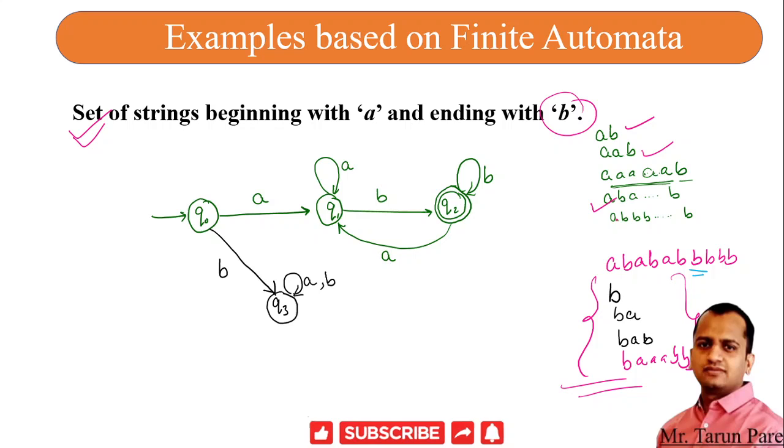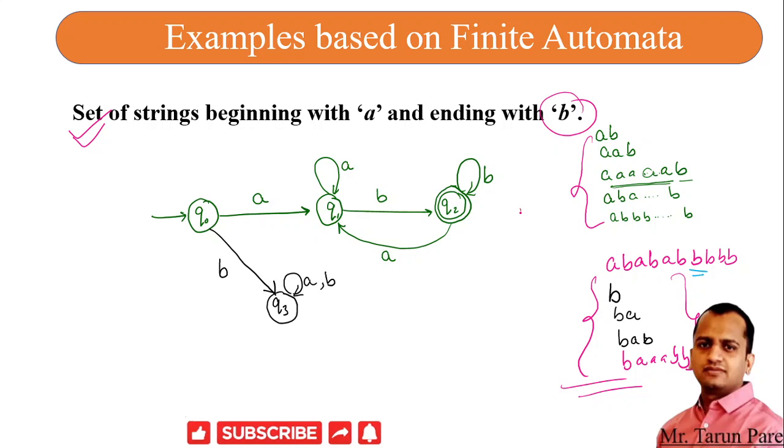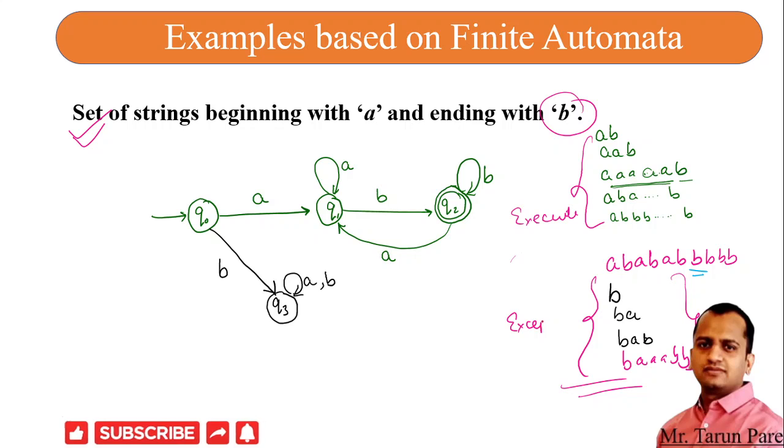But whenever this kind of input is given to the machine, it will execute. Here it will execute, and here it will handle exception. Okay, it is not mandatory that there will always be a dead state.